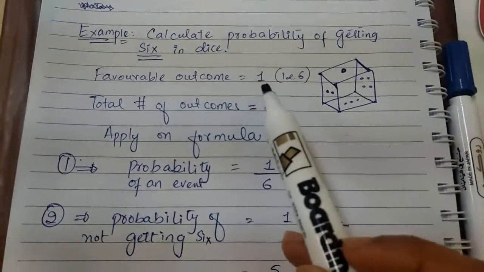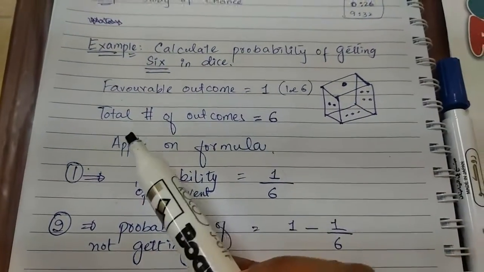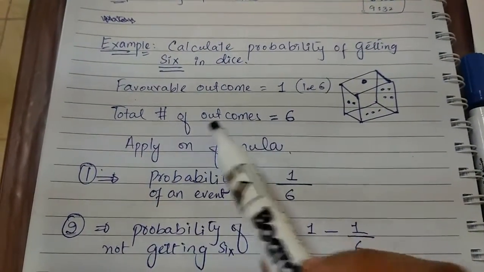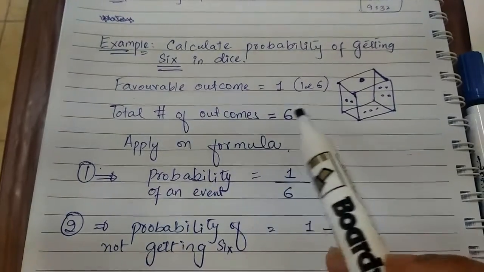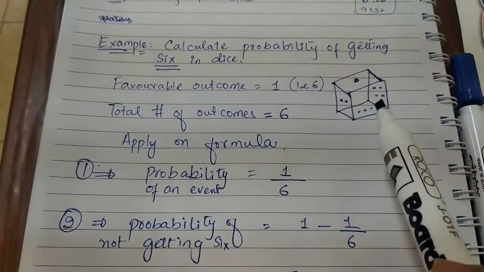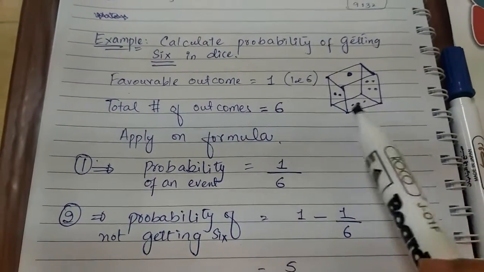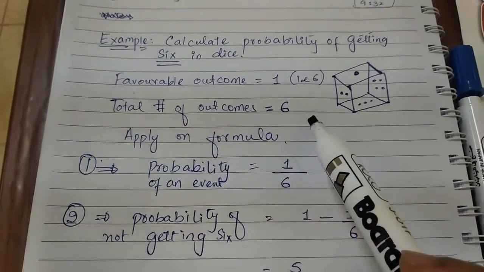That's why I'm writing 1 instead of 6. Now the total number of outcomes: how many chances, how many events are there? 1, 2, 3, 4, the 5 at the back and the 6 at the front. So we have 6 outcomes. The total number of outcomes is 6.